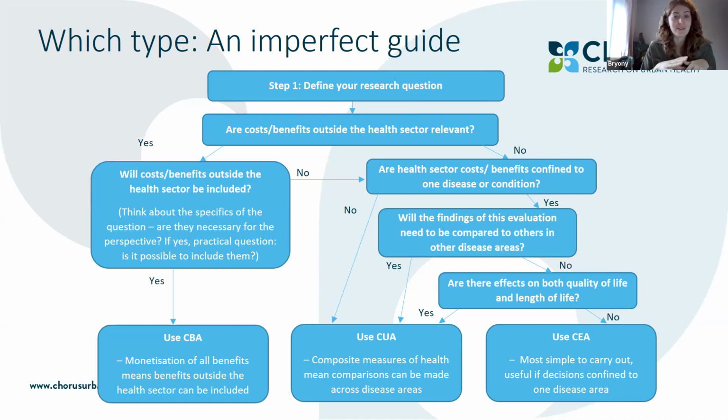So this flowchart is not supposed to give a definitive answer necessarily, but I've included it just as a sort of tool to help guide the process and give a place to start when planning projects and evaluations, to get you thinking about what's going to be most appropriate in the decision about which type of evaluation might be best. So we'll share these slides in case this flowchart will be useful.